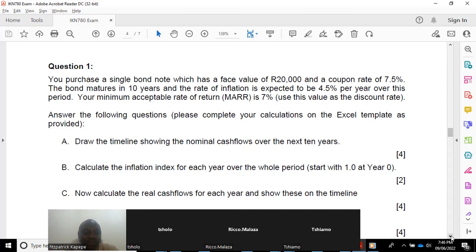And we've been given a very good formula, which is 1 plus nominal rate divided by 1 plus inflation rate, minus 1. It takes us to the real rate. But ideally, it doesn't matter which route you use, whether you're going for real or you're going for nominal. We expect that when we compute the NPV, that NPV must always be the same. Doesn't matter the route that you're going to use.